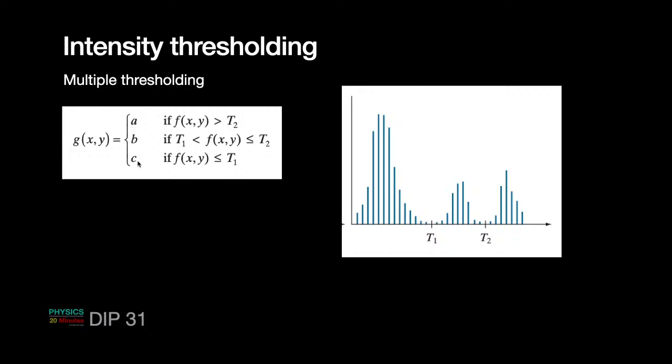So I can segment into three levels. Here I'm assuming that I'm doing it at a global level, so the entire image will be affected. I'm going to come back to this later on with an example, but do remember that the resultant image is not going to be binary.